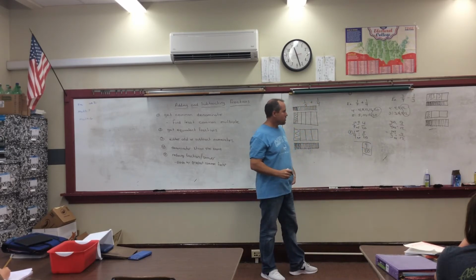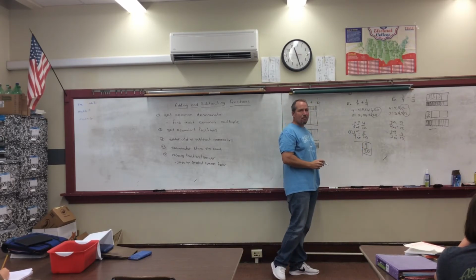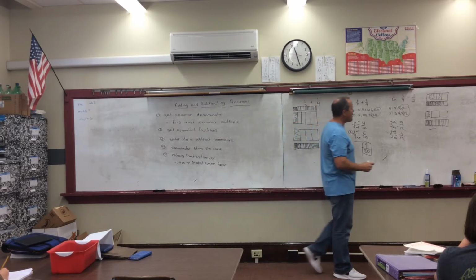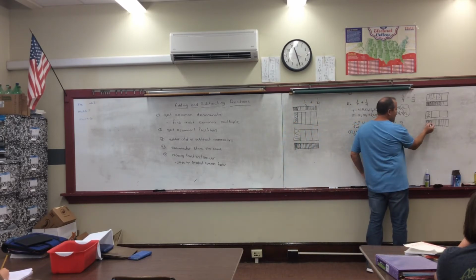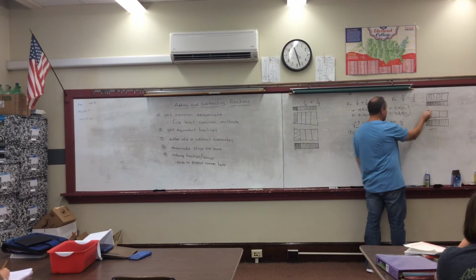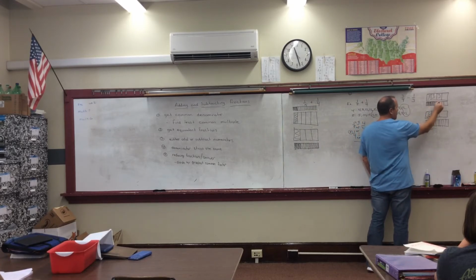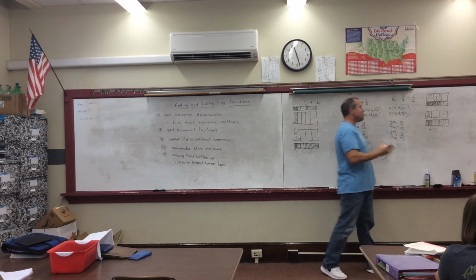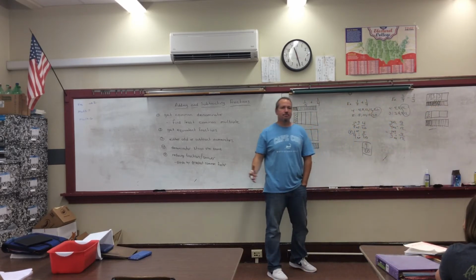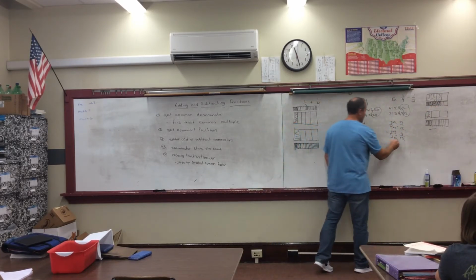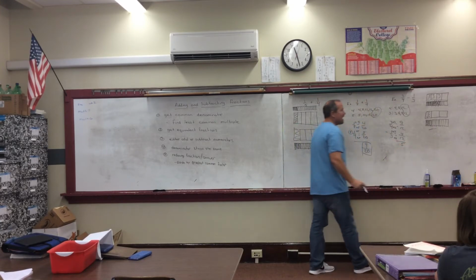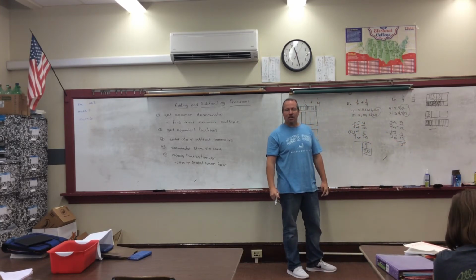Now, we're going to subtract them. So that means that we're going to take these 4 away from these 9. So, 1, 2, 3, 4. Now 9 minus 4 is obviously 5. So we have 5 sections left over that are colored in.